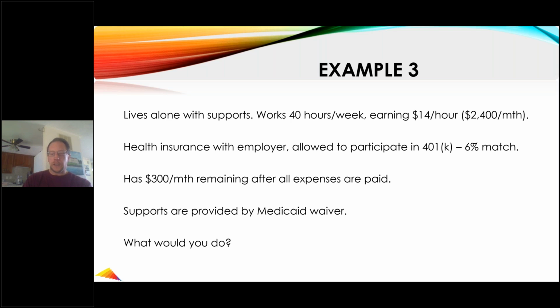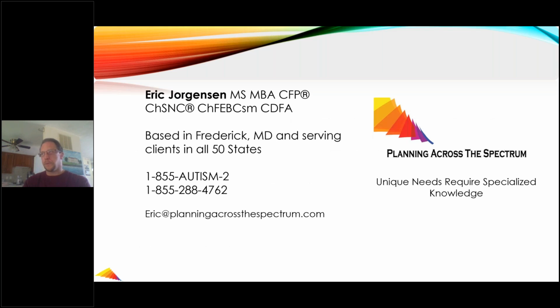Now, I want to be clear, I haven't done any examples with IRAs because, in my opinion, there is no time where an individual should be using an IRA if they qualify for an ABLE account, because the contribution limit for an ABLE account is $27,000 if you're working, and it comes out tax-free.